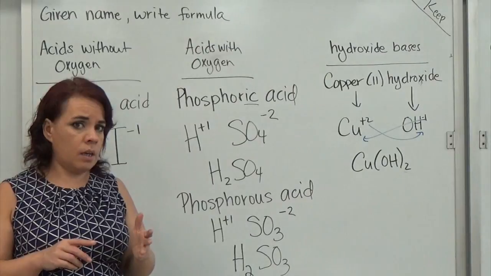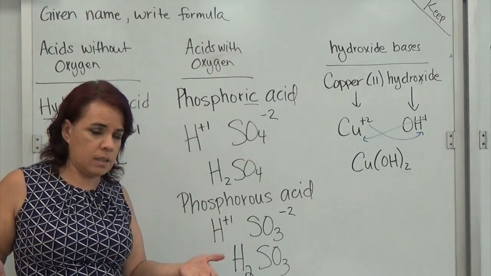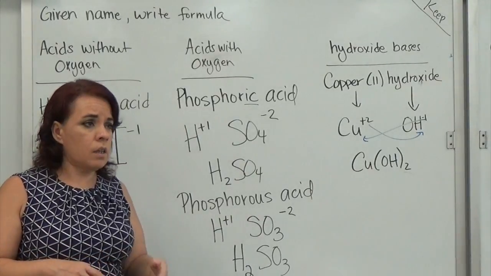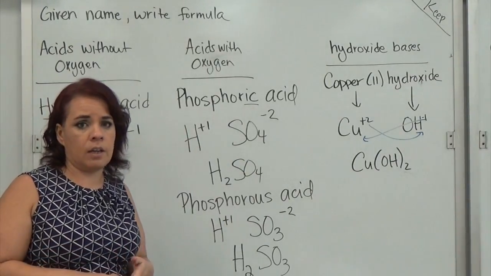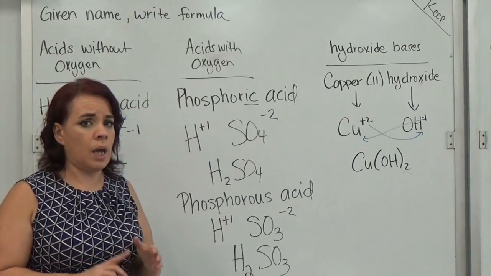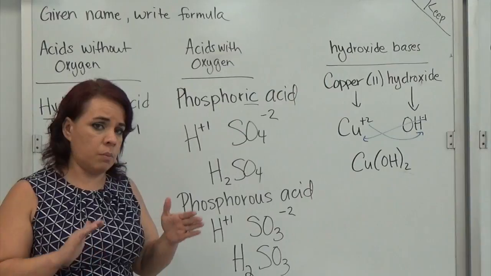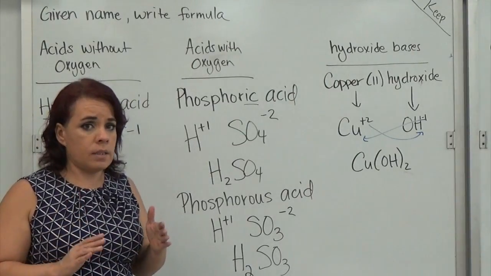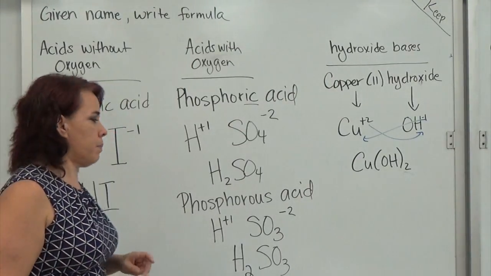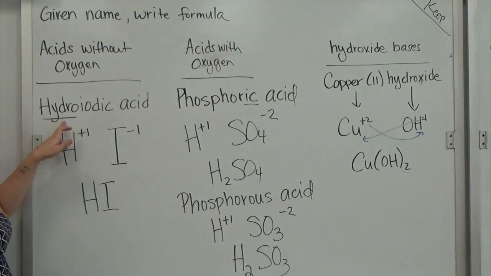Oxygen and hydrogen we call water, so that eliminates that. Sulfur, and then of course all of the halogens: chlorine, fluorine, bromine, iodine. So it really limits where you need to look on the periodic table when you're dealing with acids that do not have oxygen. So we have iodine and hydrogen.